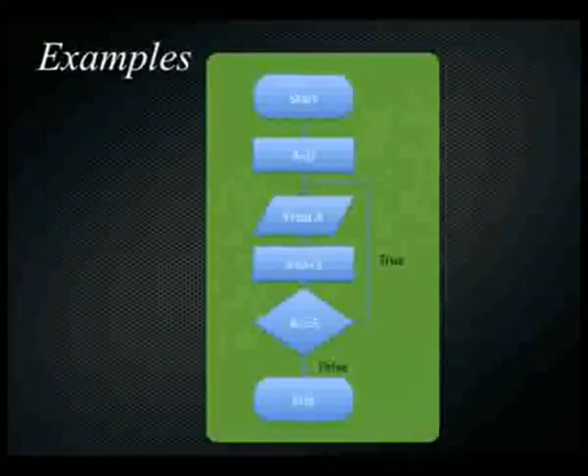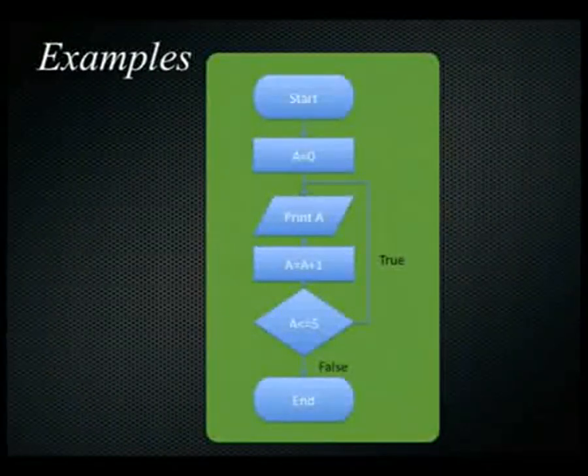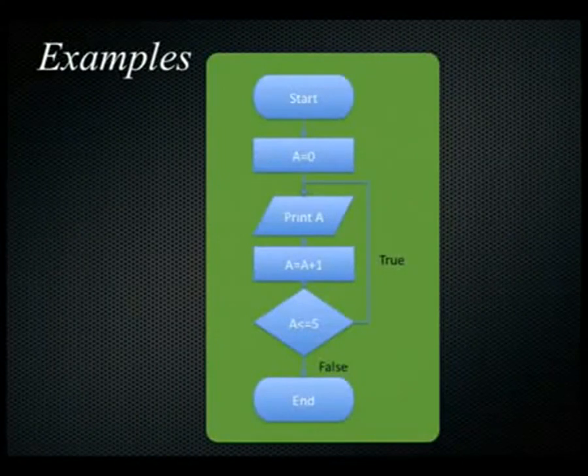To give you an example, we simply have our start. We have the variable A, which is our counter. We initialize the variable A to be 0, and we print the value of A to the screen, and then we go A equals A plus 1. Then we check to see if A is less than or equal to 5.